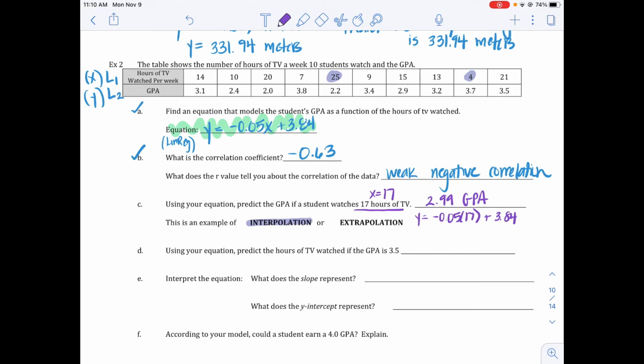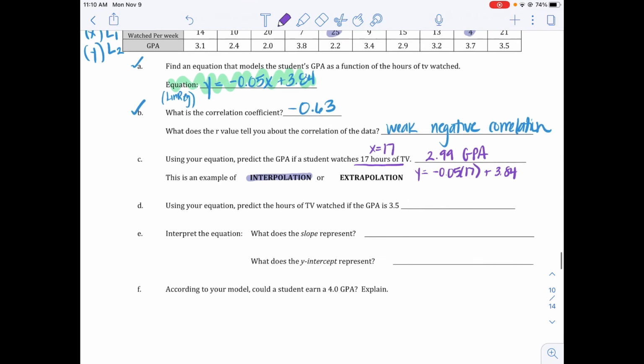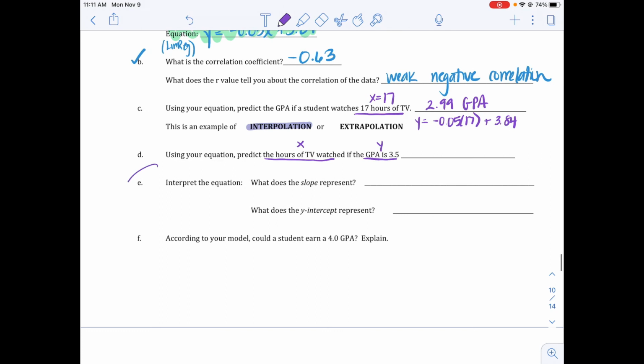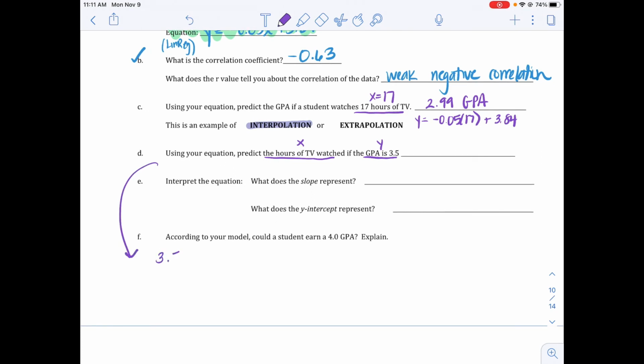Now we could also use the line of best fit to predict our x value. So here it says, using your equation, predict the hours of TV watched, so that's my x, if the GPA is 3.5. So I'm going to do this work down here. Okay, so my y value is 3.5, and I want to know what's my x value. Okay, so we can use a series of inverse operations.